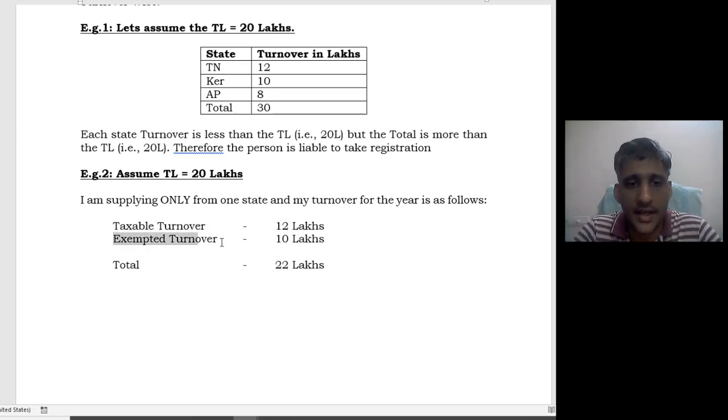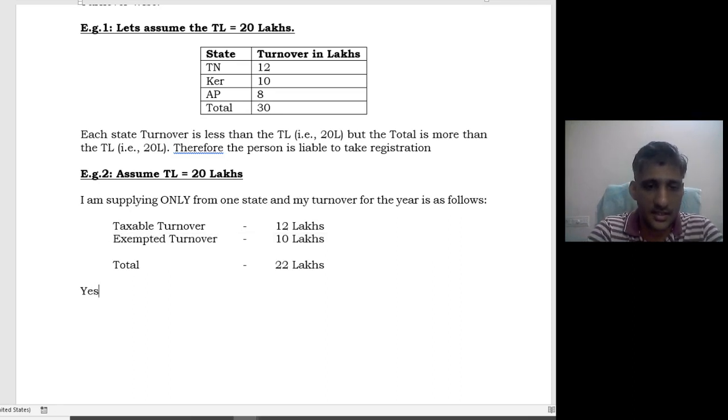Now what does the law say? Exempted turnover is 10, taxable is 12. If you see only taxable turnover, that is below the threshold limit of 20 lakhs. If you see the total turnover, that is above 20 lakhs. Should I take registration? Yes, I should take registration. Why?